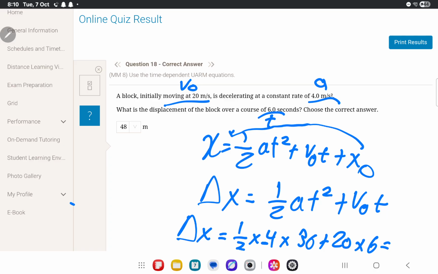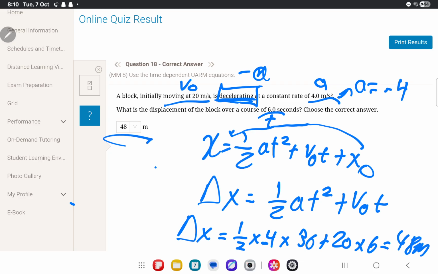Not that I think this will make a big difference, but it's fine. 0.5 times negative 4 times 36 plus 20 times 6 now gives me 48. Since it's decelerating, negative acceleration, that means A is equal to negative 4. See, this is why you read the question. This is 48 meters.